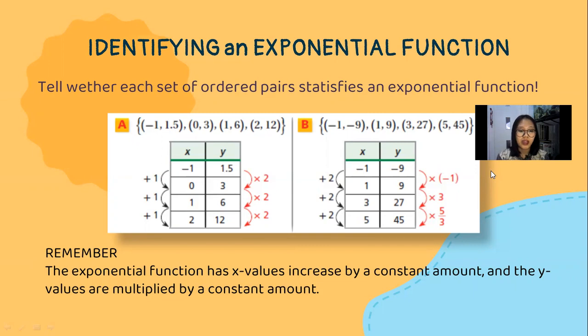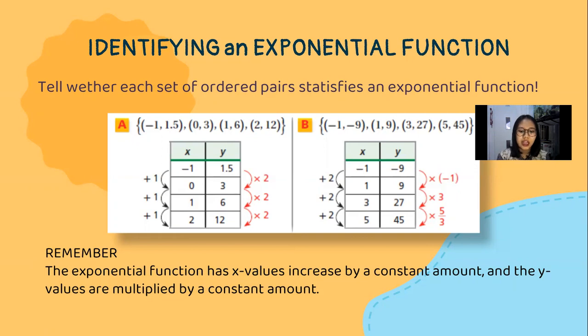Yeah, you're right. Graph A is an exponential function. Why? Because we can see that the x value increases by a constant amount, which is 1, and the y values are multiplied by a constant amount, which is 2. But graph B is not an exponential function.